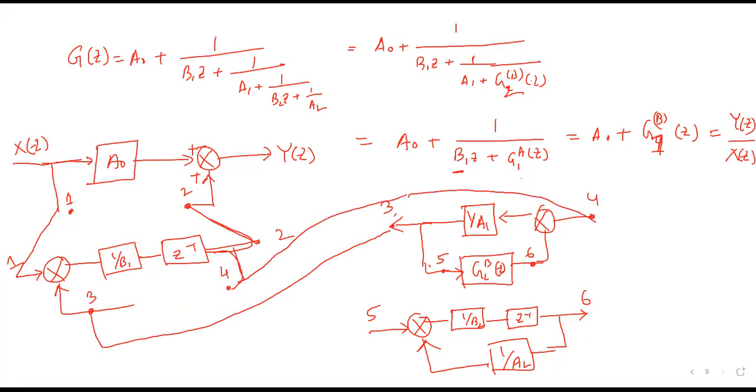Similarly, this block will also be removed and eventually you have to connect these two. So just connect these two, nothing else. So one will be going in that direction and the other one will be going in that direction. So just look at the book example.